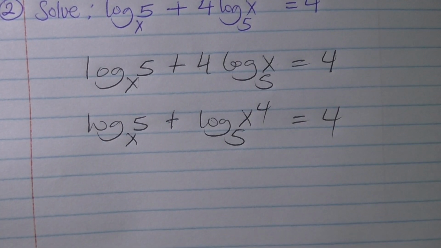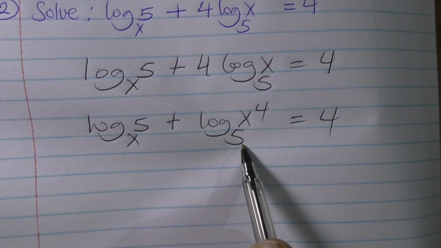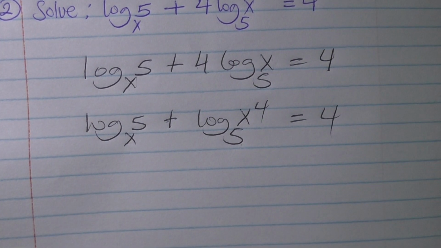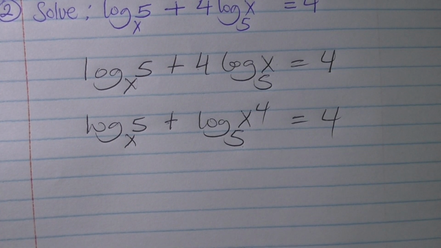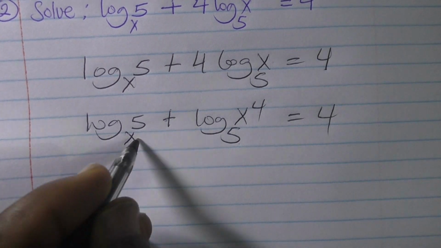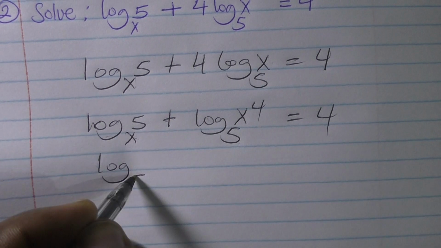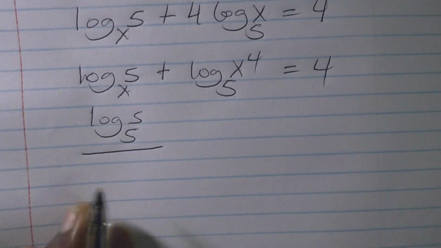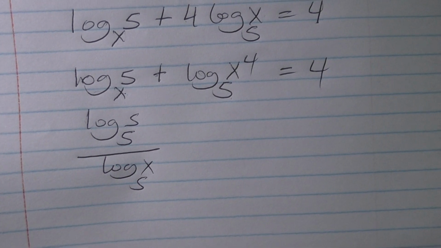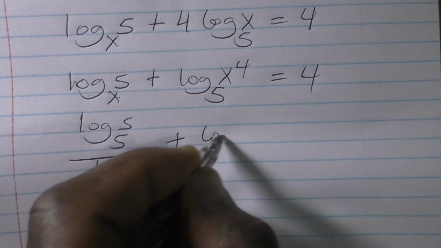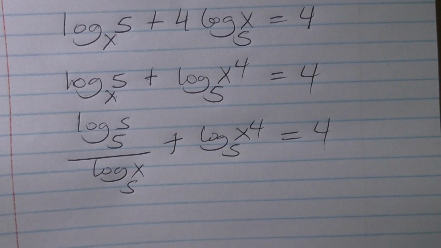After that, we can choose whether to change this to base x or to base 5. I would prefer to change this to base 5. That is to say, I'm introducing base 5, which gives me log of 5 over log of 5x plus log of 5x^4 equaling 4.